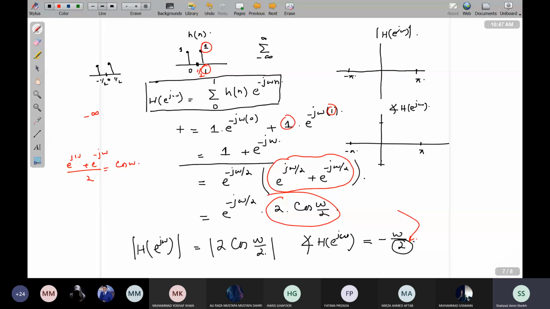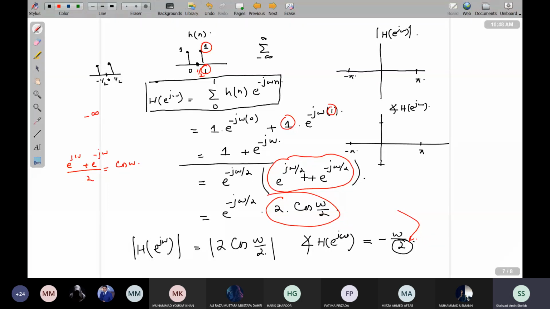Now we have just opened it up. h of n is equal to 1, location क्या है? 0, plus 1, n की location क्या है? That is 1, and we have ended up at 1 plus exponential minus j omega. We have taken exponential minus j omega by 2 as common, and as a result this one is exponential j omega by 2, because when you will be multiplying these two that would be 1, and here you will be taking exponential minus j omega by 2.